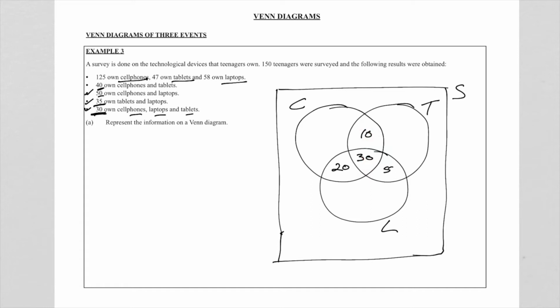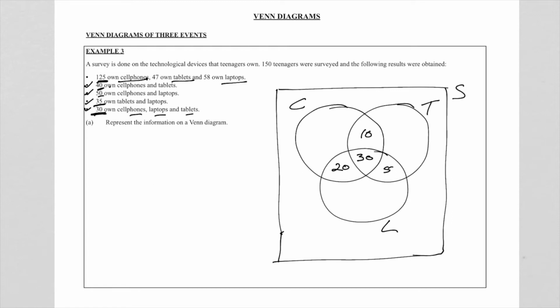These represent only two events, and now for the single ones. How many own cell phones only, tablets only, or laptops only? And that we will get from the 125, the 47, and the 58. So let's start with the 125 who own cell phones.